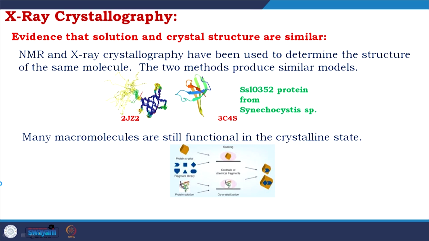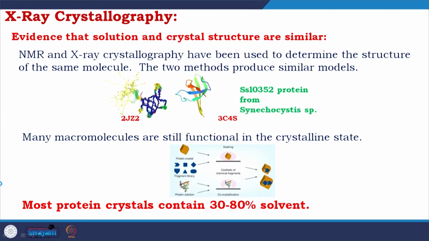When you do soaking, if your protein is an enzyme which could act with the substrate, and if there is any color production or some assay, you will find that the enzyme is still active inside the crystal. And more importantly, most protein crystals, as I have told earlier, contain 30 to 80% solvent.